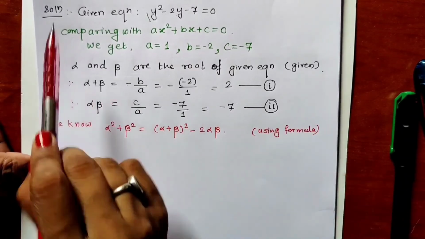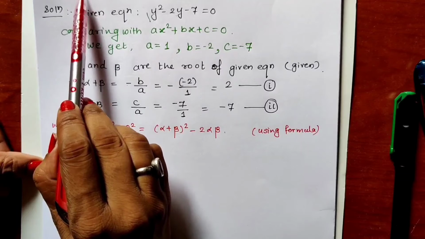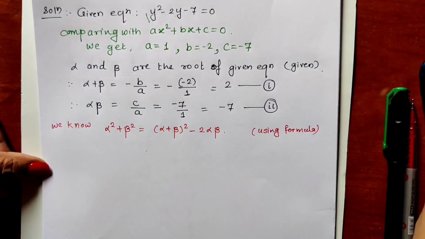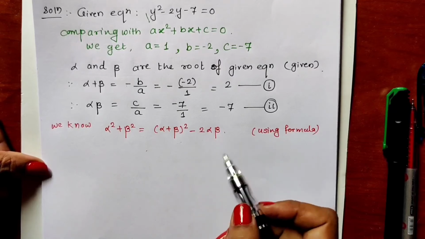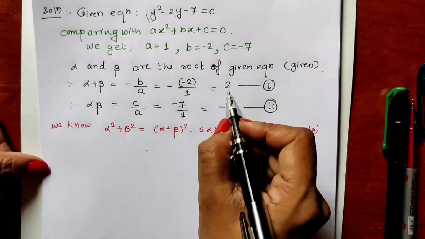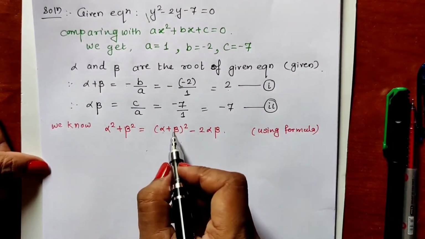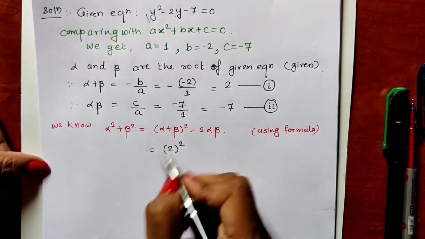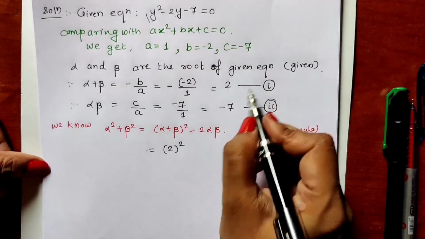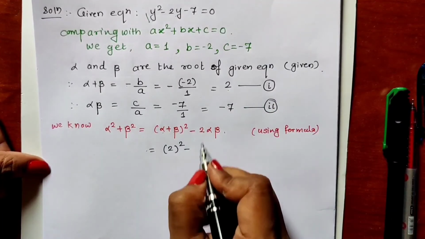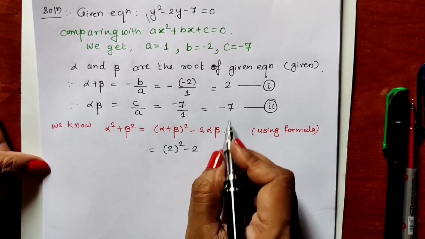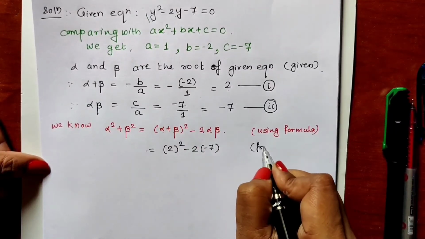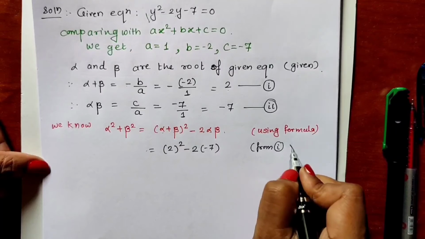As we have to find the value of alpha square plus beta square, we can use this formula. Now alpha plus beta value we all know, alpha into beta value we all know. Alpha plus beta value is 2, and alpha plus beta whole square means 2 whole square. Correct? Alpha plus beta is 2, so we have to write 2 whole square minus 2 from the formula. Alpha into beta is minus 7. This we have written from 1 and 2.